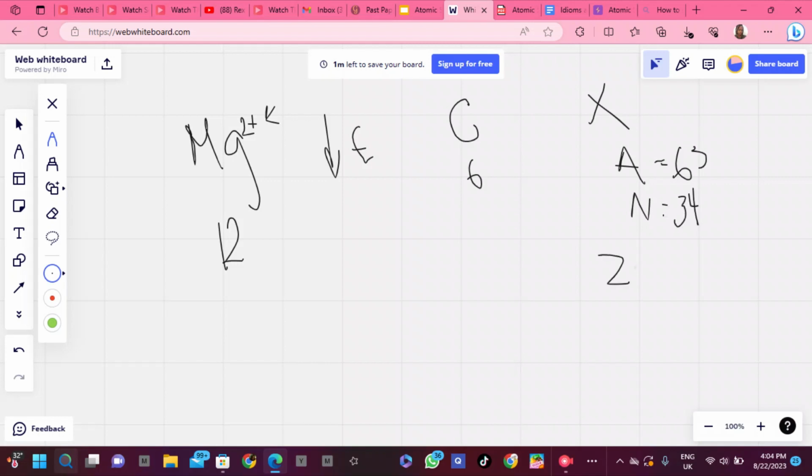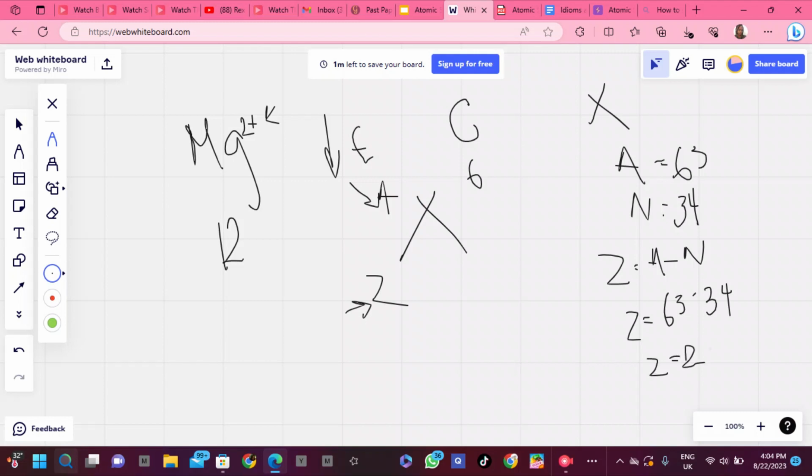To get the atomic number, which is denoted as Z in the notation, where Z is the atomic number and A is the mass number, remember, Z is equal to A minus N. So Z is equal to 63 minus 34, and that gives us 29 protons. I hope you understood everything.